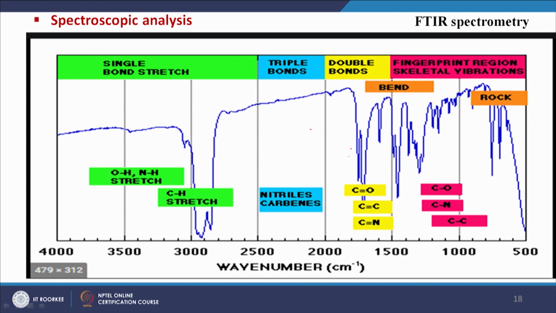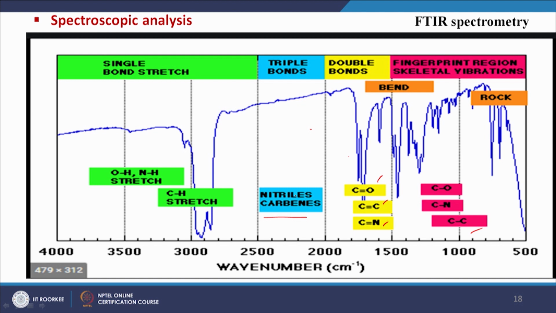As the IR has low energy, as I have mentioned, it is absorbed by the molecules as per the different vibrations and rotations of the double and triple bonds. That way the different peaks are generated. So, this peak is responsible for CO, CC, CN like this. If it is nitriles, within this range we can get some peak.